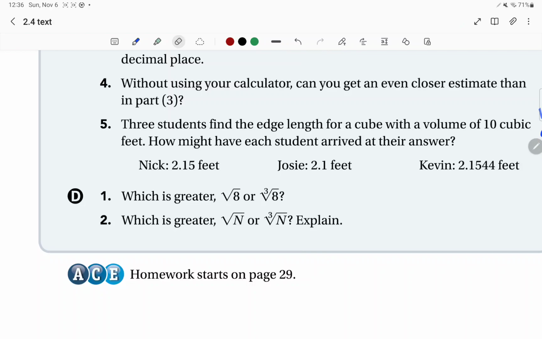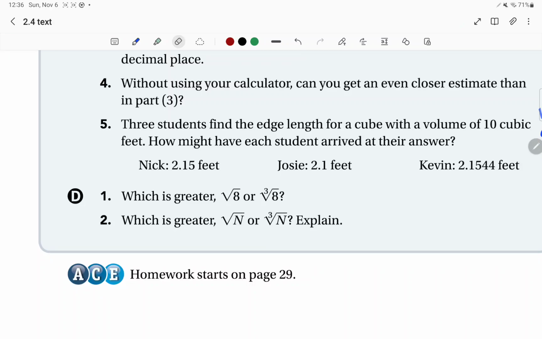So looking at which is greater. Now, we don't want you to use a calculator. It says right at the top, use your calculator only when instructed to do so, and on part D, you were not instructed to do so. So the square root of 8, we can look at that.